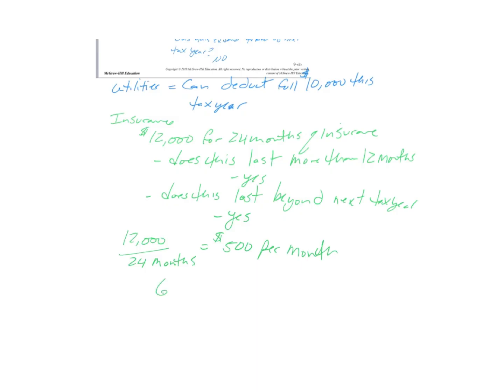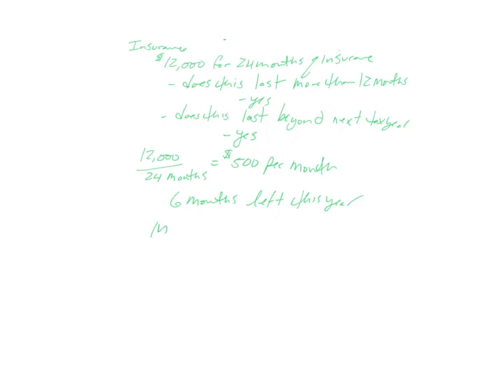We've got 6 months left this year. Insurance deduction equals 6 times 500, which equals $3,000. So that takes care of insurance.